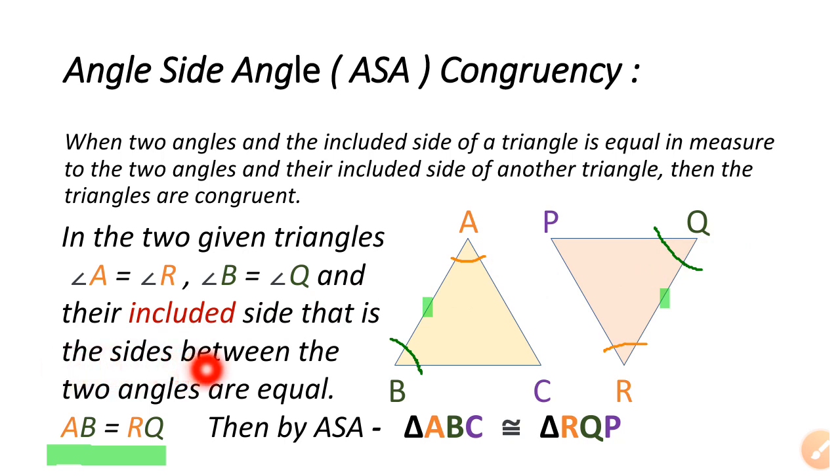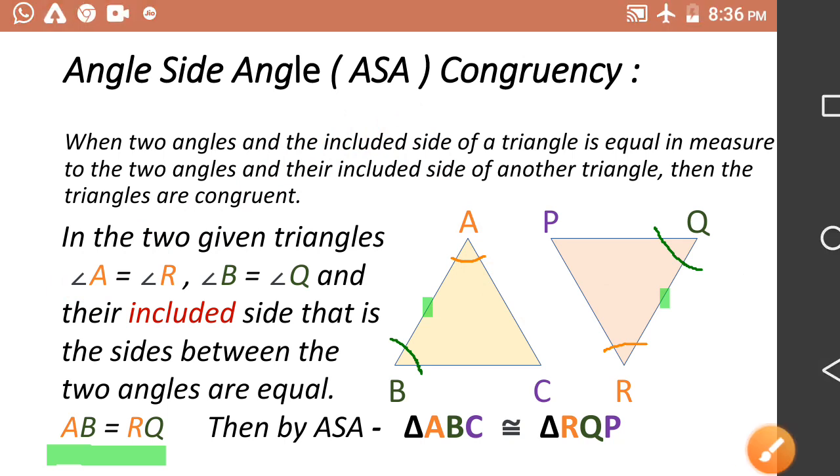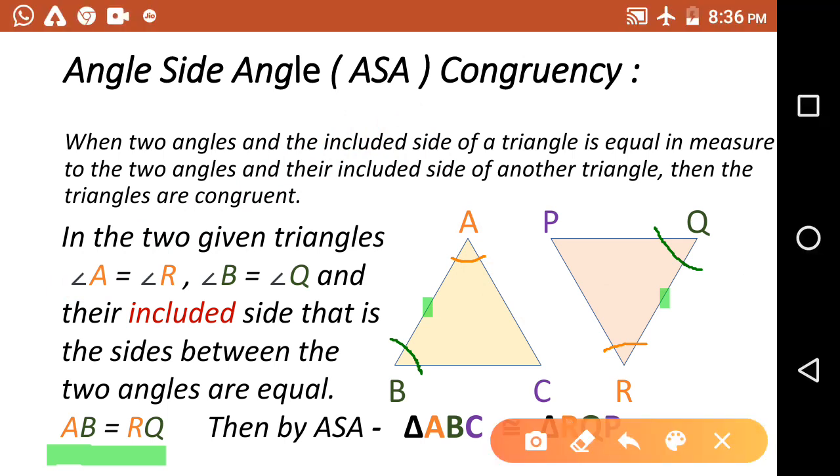Okay, so then by the ASA congruency, here you can take the order also. This one is the first angle, so that means angle A. Then this one is the side and this one is the angle.